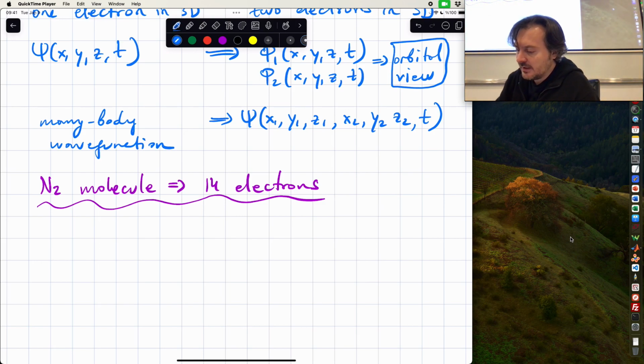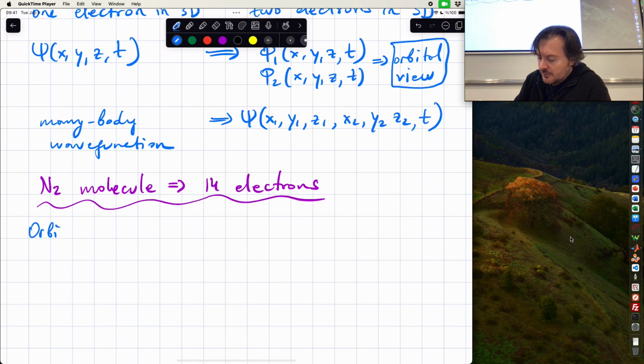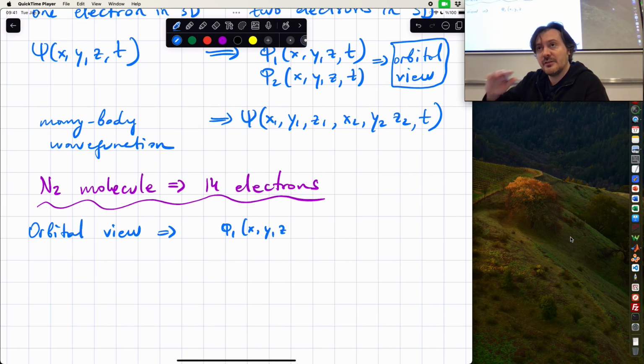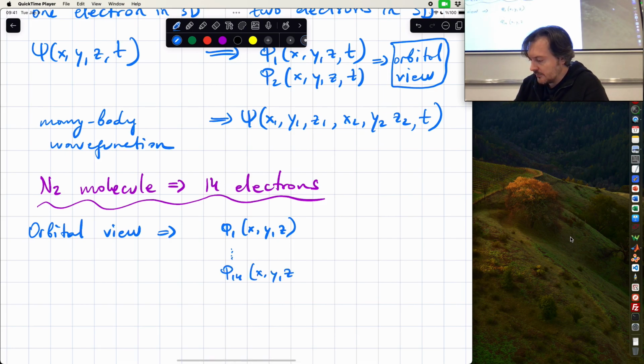So I have 14 electrons. In the orbital view, I have 14 orbitals. Phi 1 of x, y, z. Let me not write t anymore, just because that's not the point, and up to phi 14 of x, y, z.